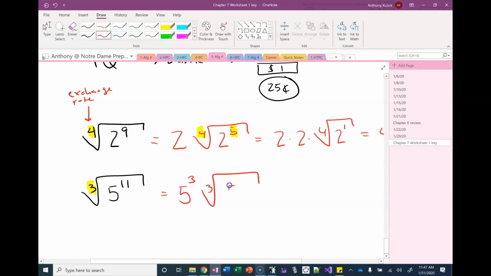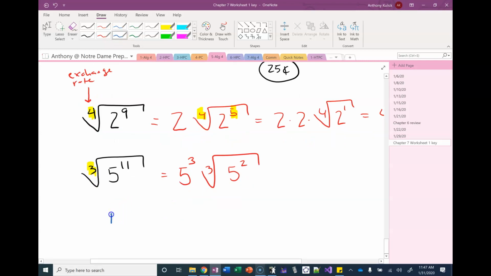Not 8, 2. So the problem that we're doing in our head is I'm taking 11 and I'm dividing it by the exchange rate. Right, exactly. So when I did that, I get a quotient of 3 with a remainder of 2.